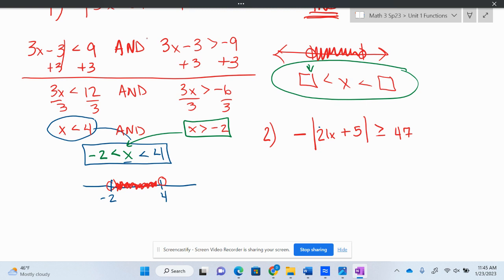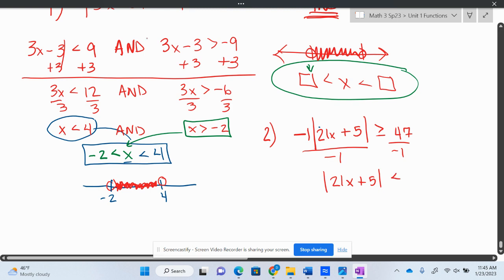And that's essentially the same thing as having a negative 1 out there. So the only way to get rid of that negative 1 out front is to divide both sides by a negative 1. So the negative goes away and I have the absolute value of 21x plus 5. But when I multiply or divide by a negative, I have to flip the sign, so it is less than or equal to negative 47.